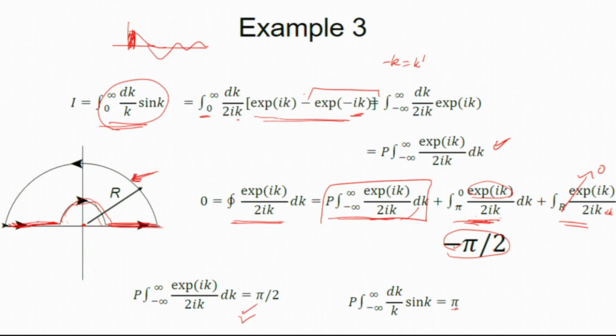This should be pi by 2, sin k. So, 0 to infinity is pi by 2, but now I put minus infinity instead of 0. This integral is even in x, or even in k. So, if I go from minus infinity to plus infinity, I get pi, double of this.